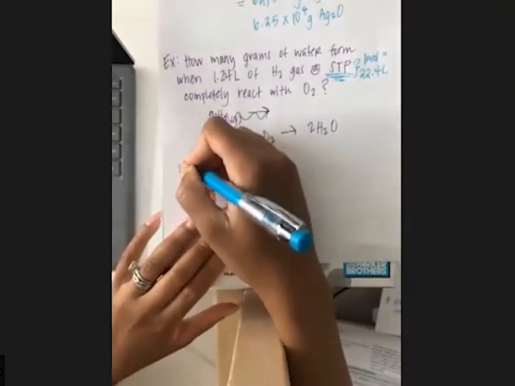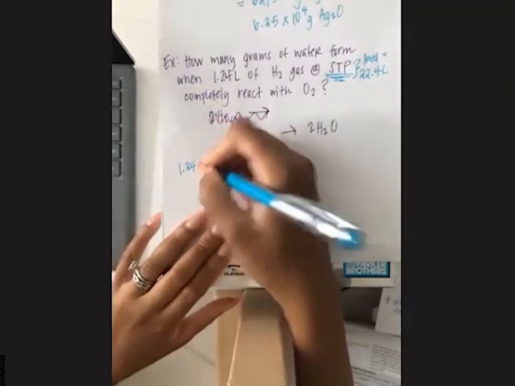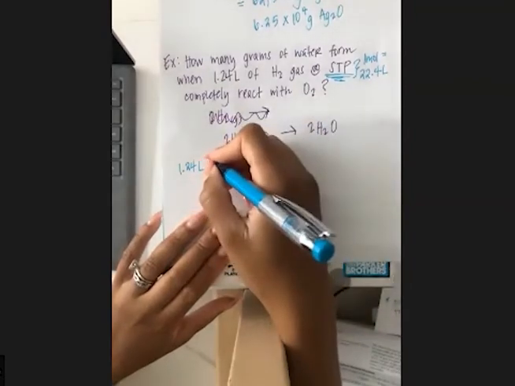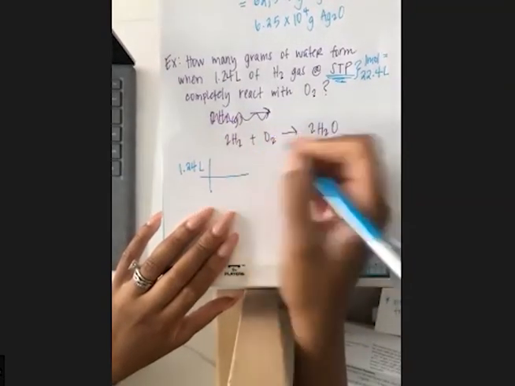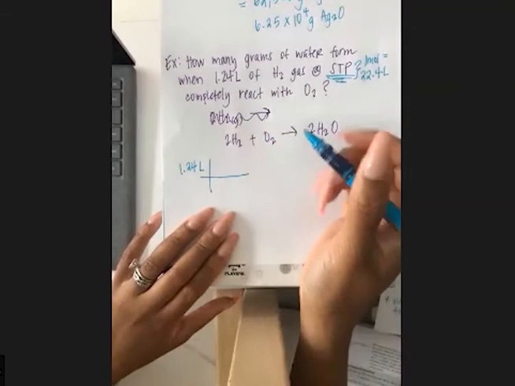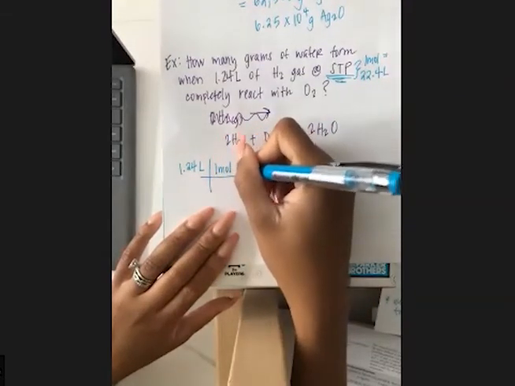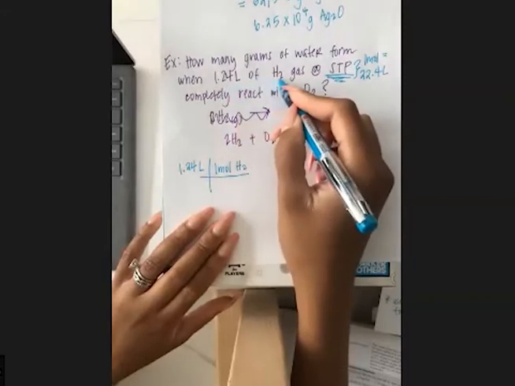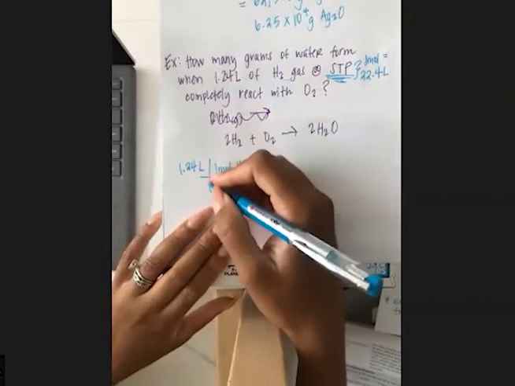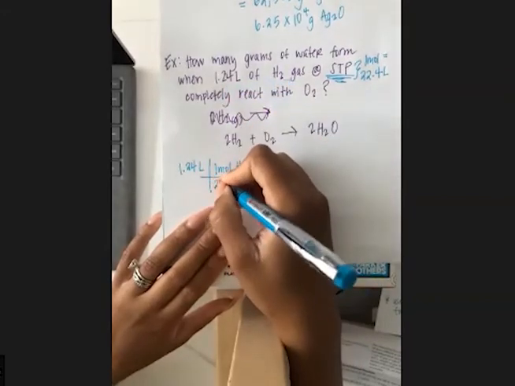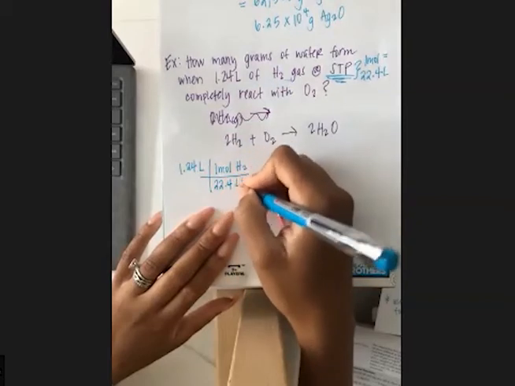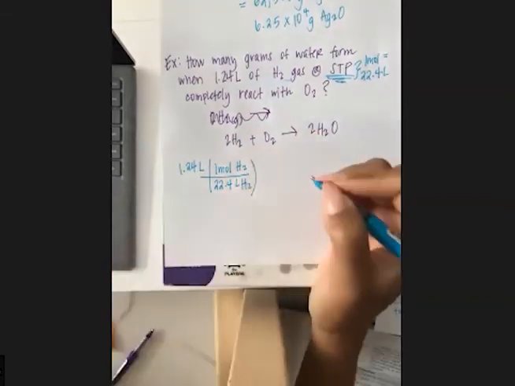I'm starting off with 1.24 liters instead of grams. I'm saying 1 mole of hydrogen gas is equal to 22.4 liters of hydrogen gas.